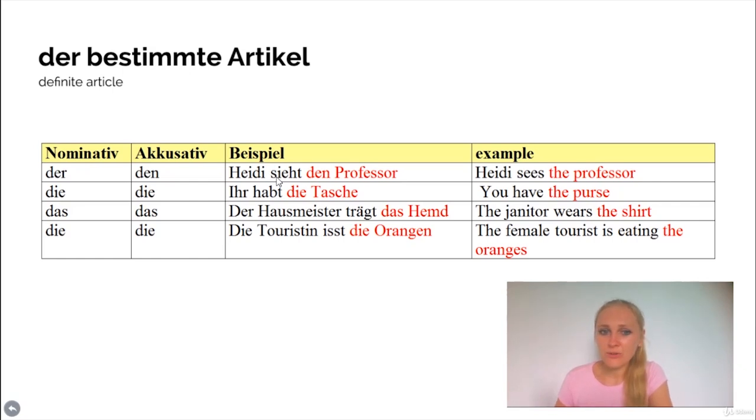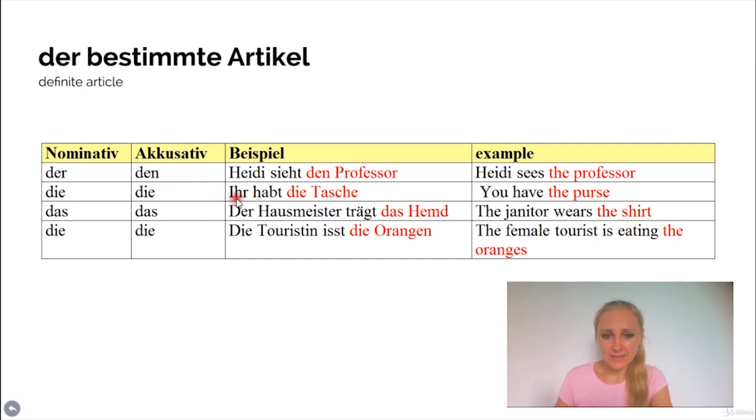It is a big help for you to study those, because later on we are going to look at the dative case, and the dative case does not exist in English, so it could be a little bit confusing if you are a native English speaker to understand when you use accusative and when the dative case. So learning the verbs that just belong to the accusative case and the verbs that are pure dative verbs, for example, will be a big help for you.